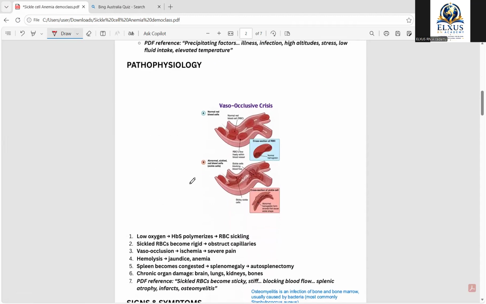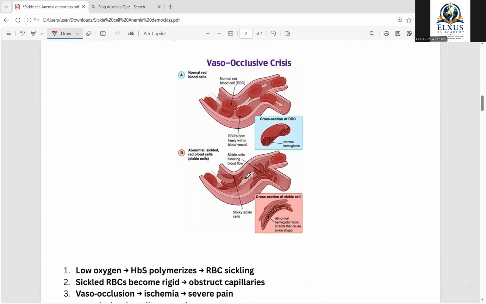So I have already said what happens in sickle cell anemia. The RBC, the normal sphere shaped RBC, will become sickle shaped, and it will obstruct the blood flow. Okay, I have already explained this with the first picture, because here the shape of the hemoglobin is abnormal.